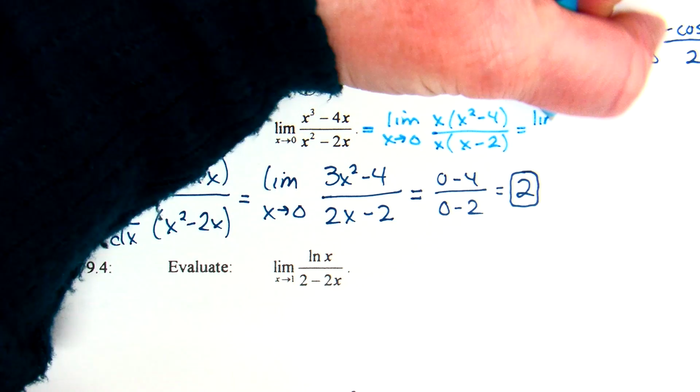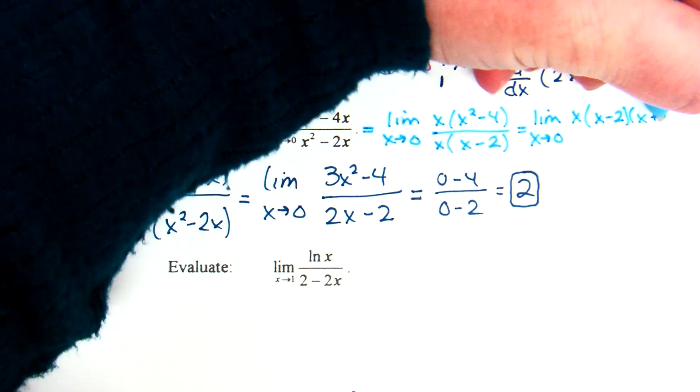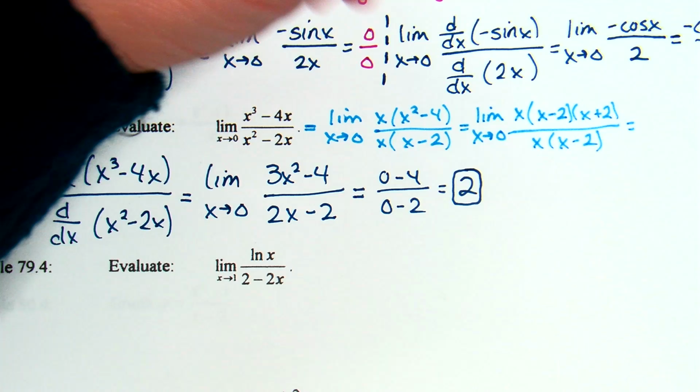What can you still do on top? Yeah, on top you already have x. X squared minus 4 goes to x minus 2, x plus 2. And the denominator is x, x minus 2. What happens with all those pieces?